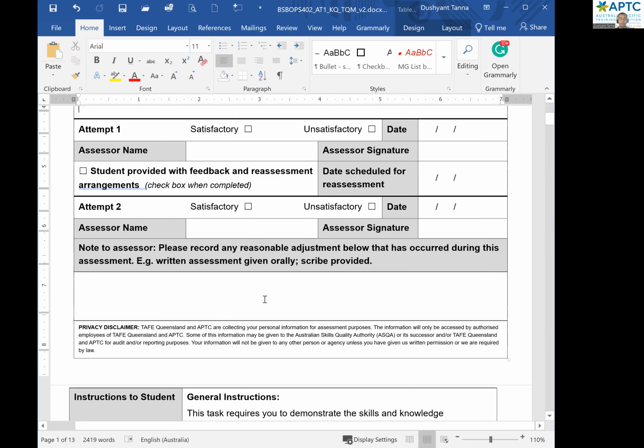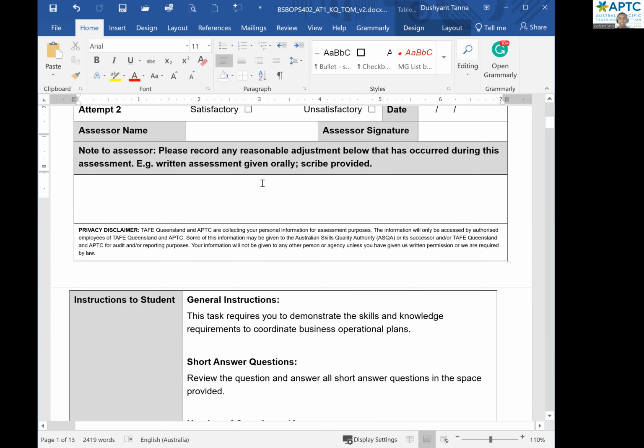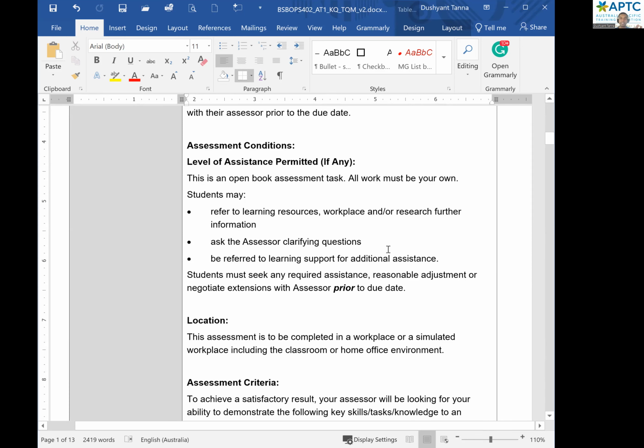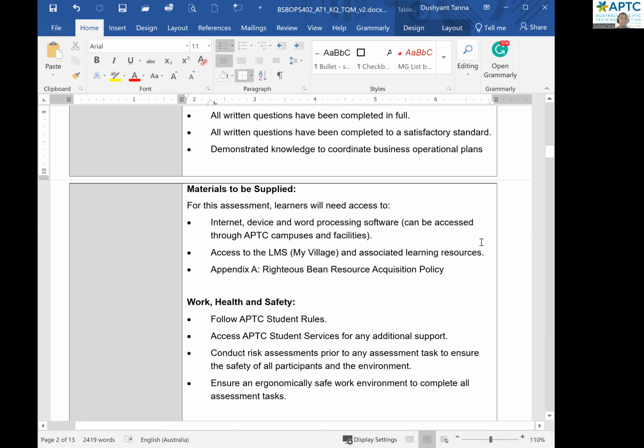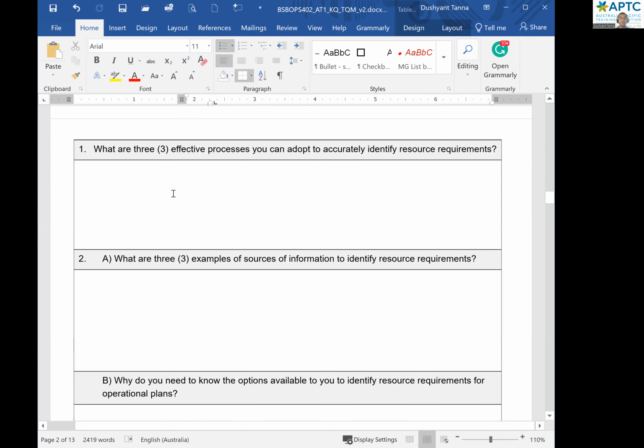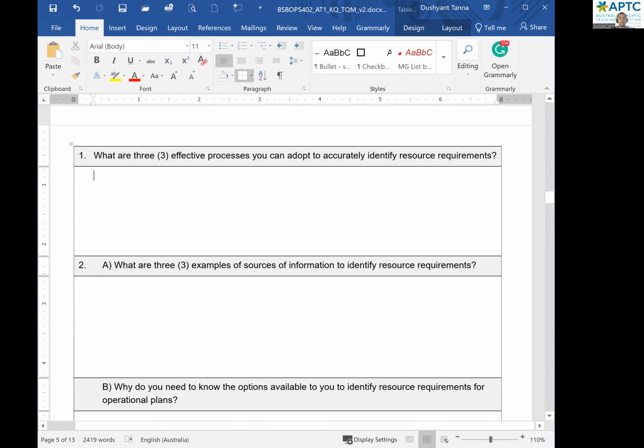So this is a cover sheet, that's fine. 16 questions, everything else is the same. When it says satisfactory standard, it's more with me, but like I said, never write dot points. Write a whole sentence. For example, if it says write 3 effective processes, I won't simply say consultation.